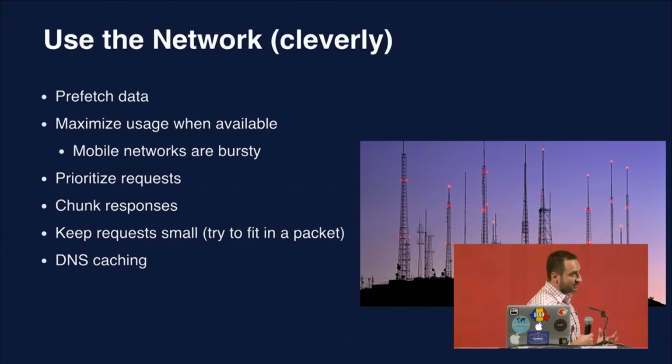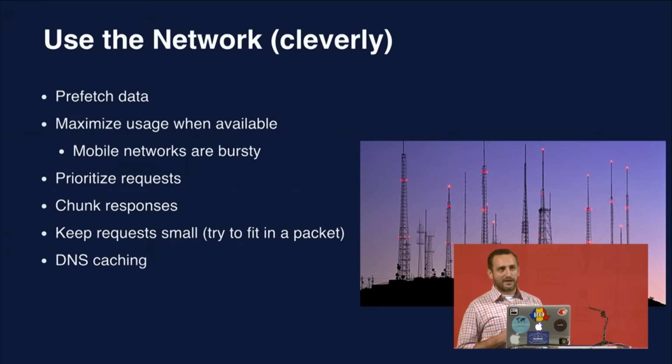If you have a connection right now and you know you need to get a bunch of data for a list view, try to get it all at once. There are many reasons for this. Mostly, mobile networks are bursty, so once you get a connection, it's great. You have data, and stuff is going to come over the network very quickly. And also, once it's done, the radio can go to sleep.